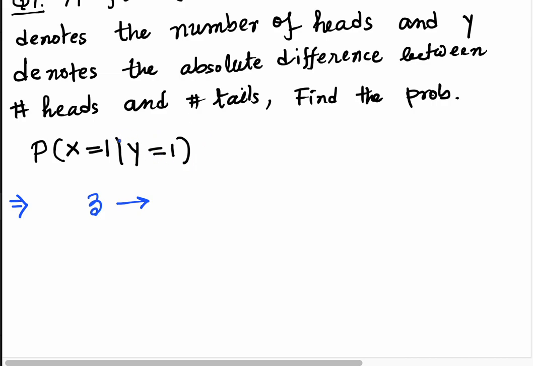In 3 tosses, how many differences are possible? So we actually try to find the sample space of y. How many possible values can y take?